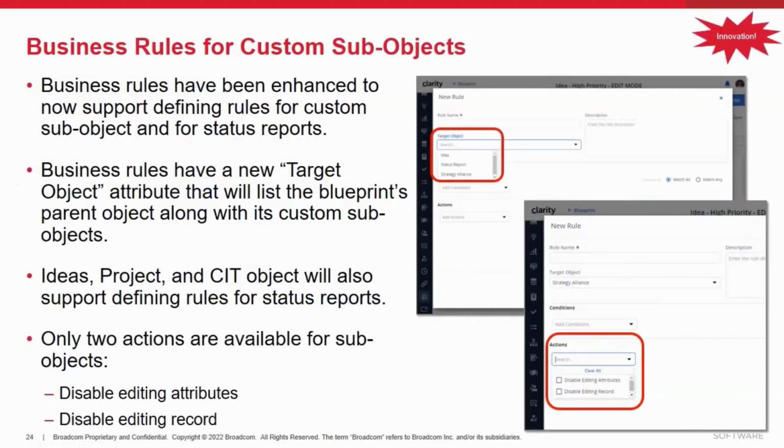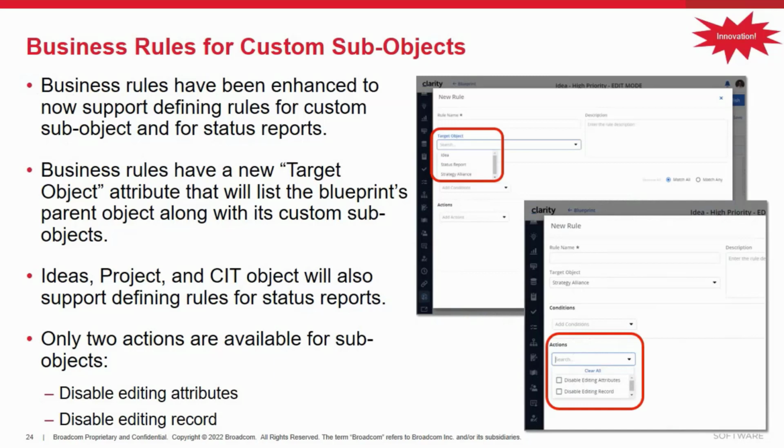Based on customer request, we are now adding business rules for custom sub-objects. Business rules will be supported across multiple applications and multiple investment types. Business rules have a new target object attribute that will be listed in the blueprint parent object along with the custom sub-object.